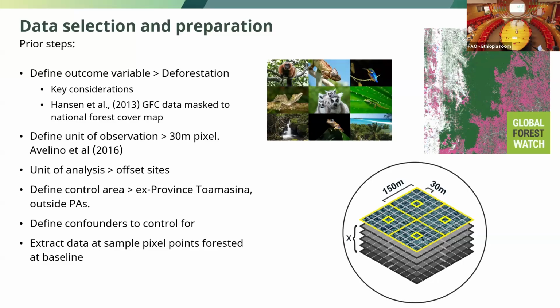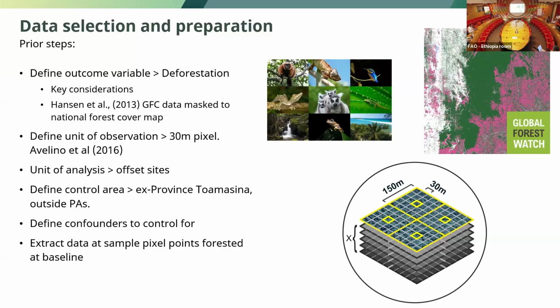We use the Hansen et al. data, the global forest change data. If I was to do this again, I'd probably use the tropical moist forest data because that is able to capture regrowth, which I think is more appropriate for this context where shifting cultivation is really prevalent. But it wasn't available when I was doing this study.